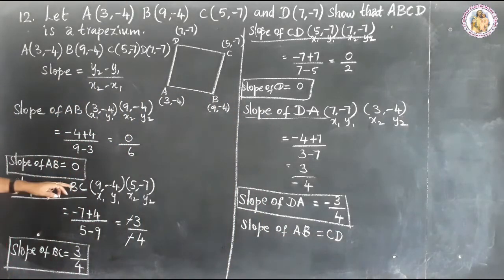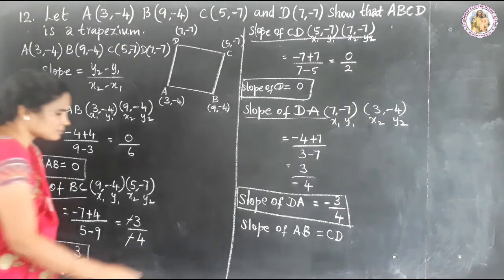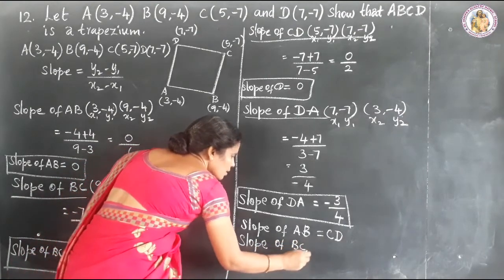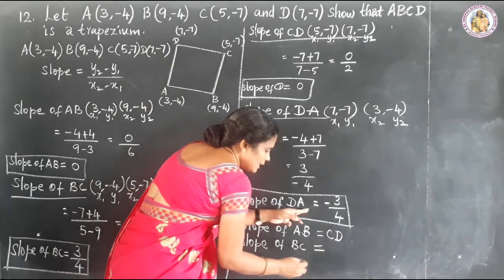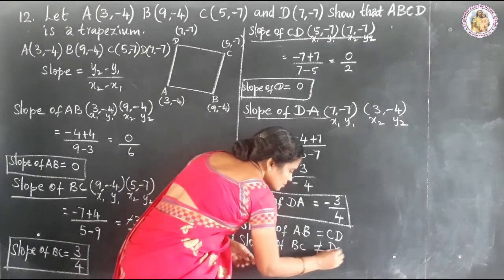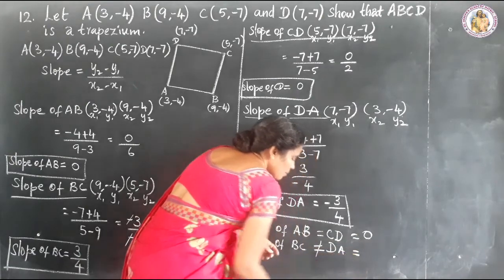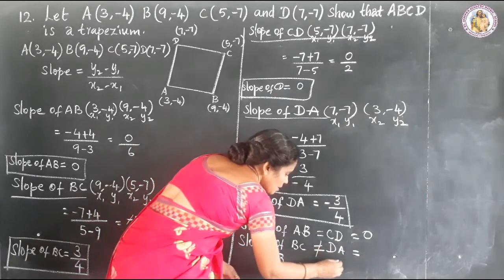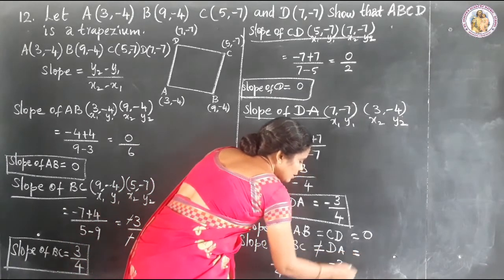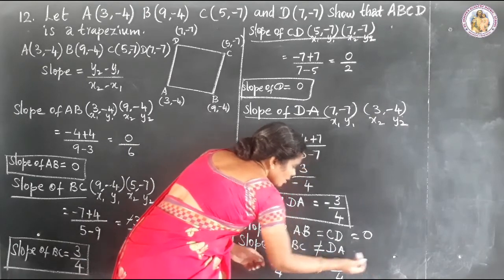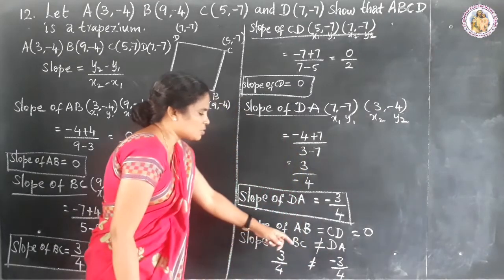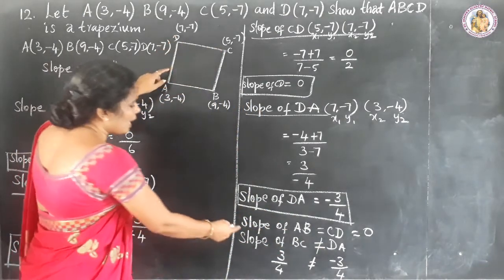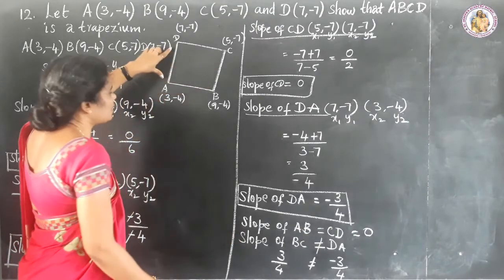The slope of BC is 3 by 4 and the slope of DA is minus 3 by 4, so they are not equal. So the slope of BC is not equal to DA. Here you can see AB is parallel to CD, and BC and DA are not equal.